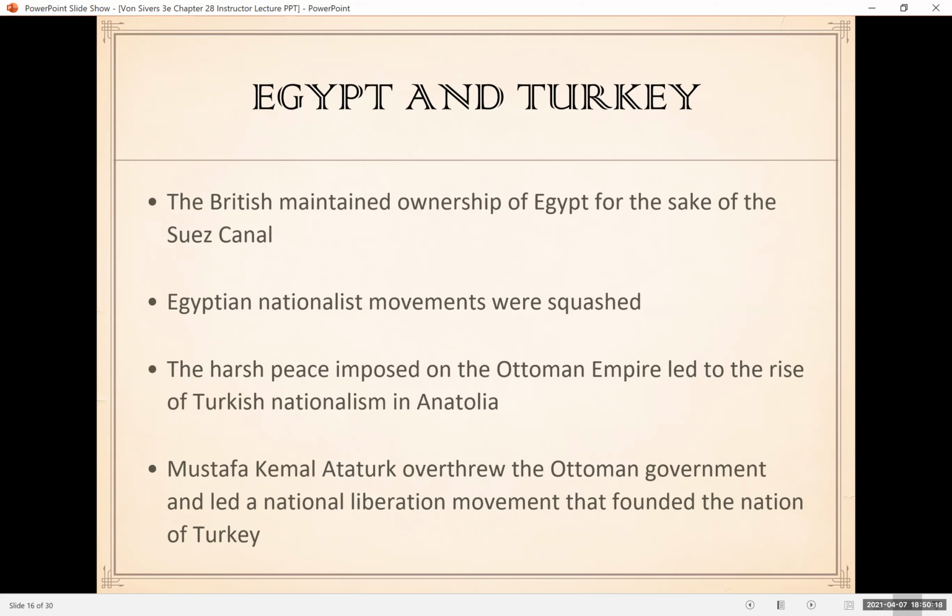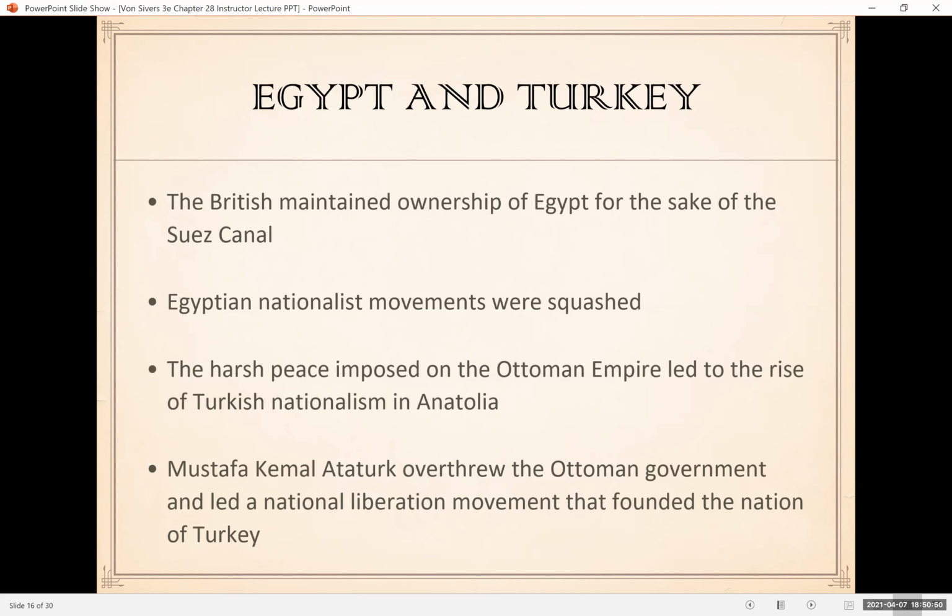The Ottoman Empire had a movement of army officers known as the Young Turks who wanted to basically create a secular state and get rid of the Pasha, get rid of the Ottoman Empire, and create the nation of Turkey.